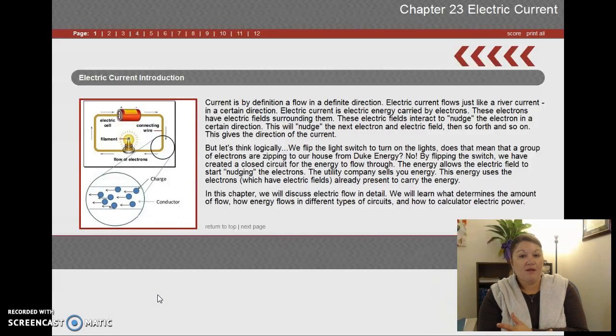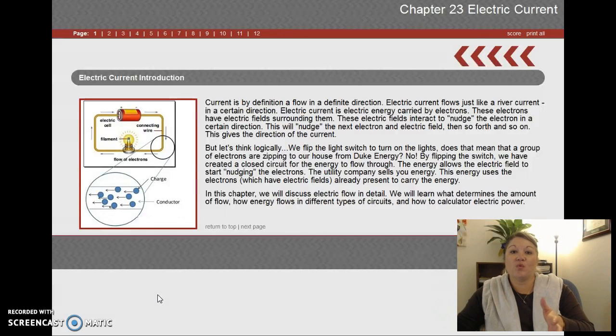But we've got to get them all going one way to get the energy to your house. So by closing the circuit, these electric fields nudge and excite each other and send this nudge on down the line. It's like one electric field nudging the next one, nudging the next one, and that gives the direction.